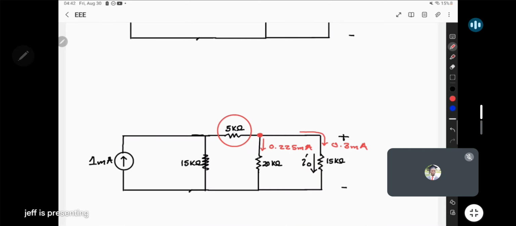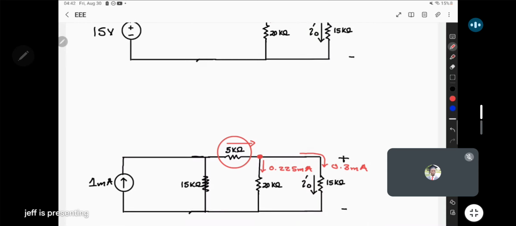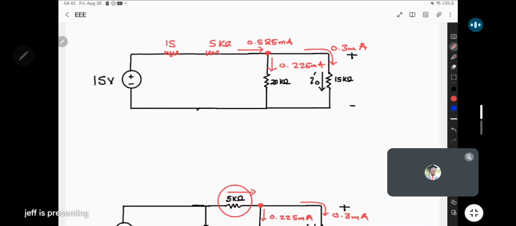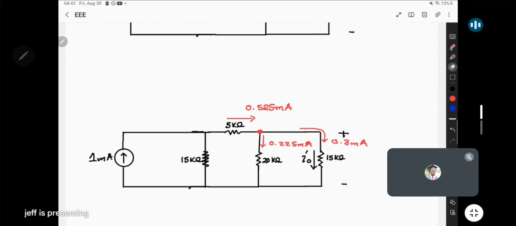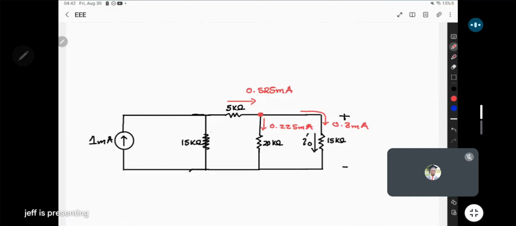So the current that passes through the 5 kilo ohms, that current is what we are finding, which is 0.525 milliamps. So if this is how much current passes through the 5 kilo ohms, now the question is how much was coming this side and how much went down here.